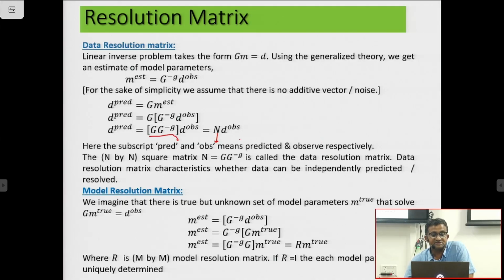Now if G times the generalized inverse is equal to your identity matrix, then we can say that your predicted data is equal to your observed data.